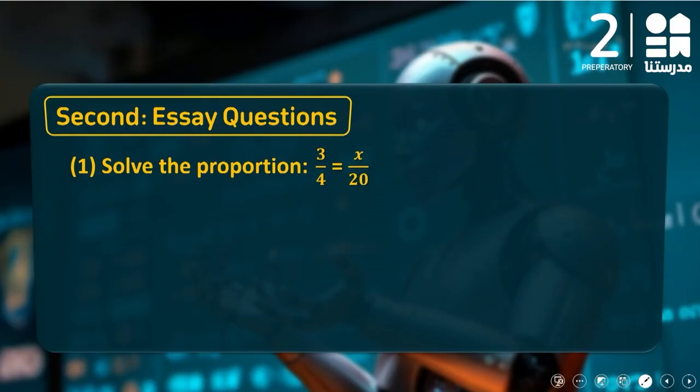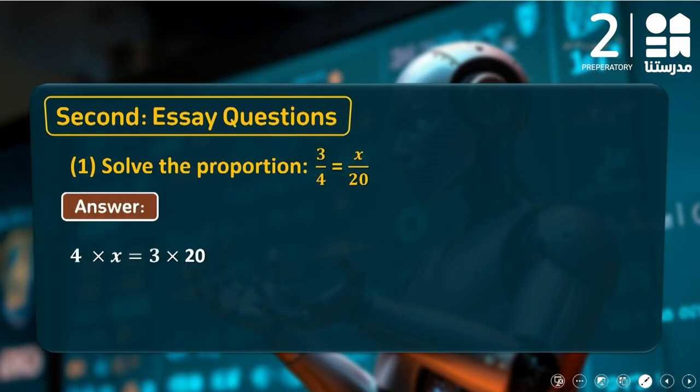Now let's take the second type of questions, essay questions. Question number 1: solve the proportion 3/4 equals x/20. What is the meaning of solving a proportion? Solving a proportion means finding the value of the unknown. So to solve this proportion, we have to find the value of x. How can we find the value of x?